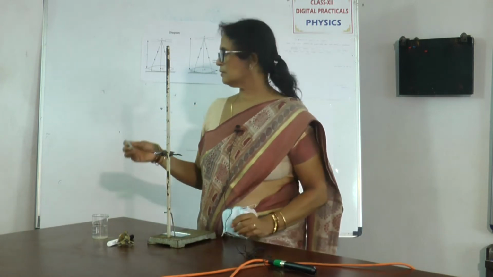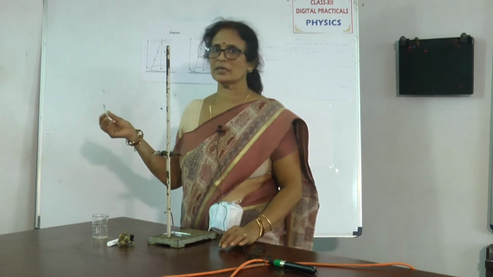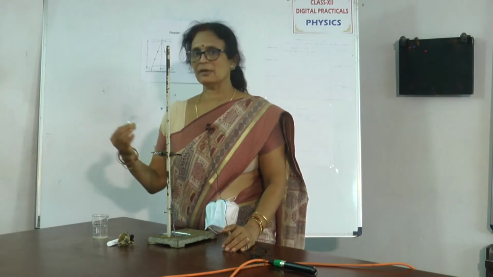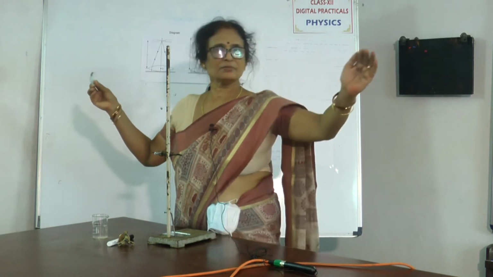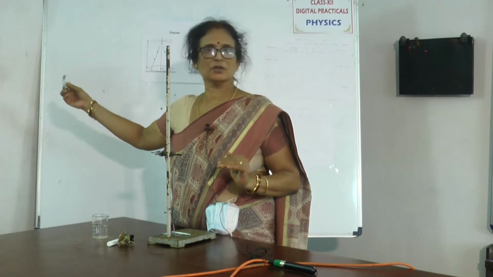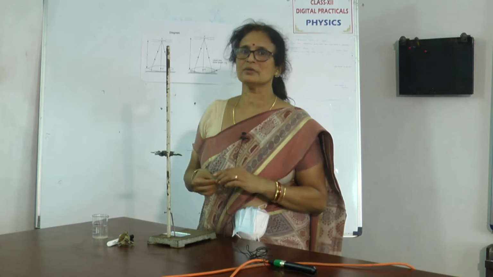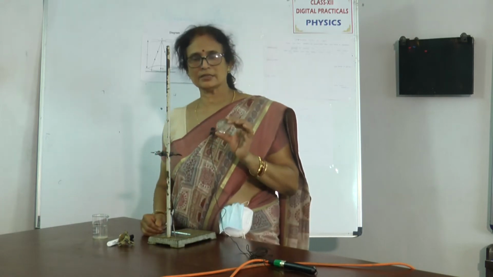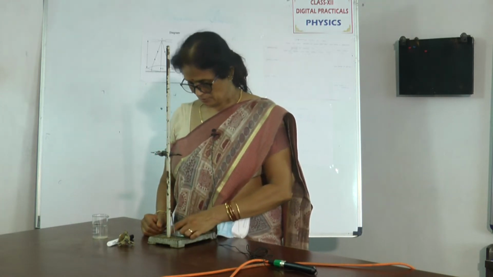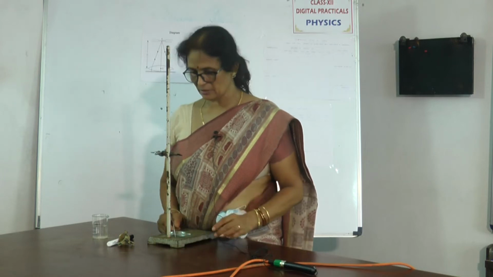We will take the rough focal length as we have done earlier in the case of optical lenses. We focused a distant object on the wall and measured the rough focal length. Here also we can do the same thing to get an idea about the approximate focal length of the lens. Now, the lens is kept on the mirror.